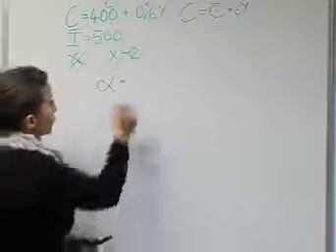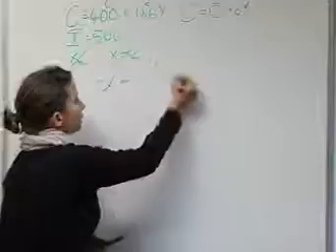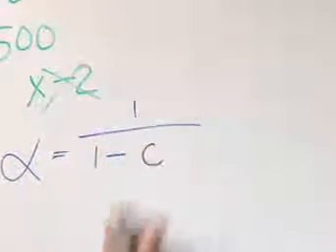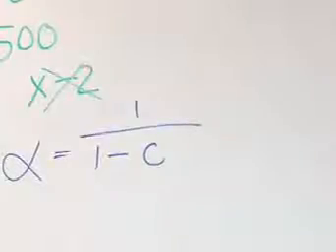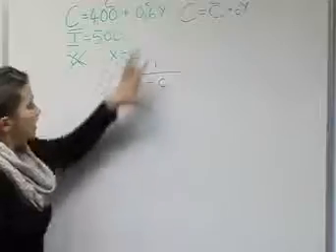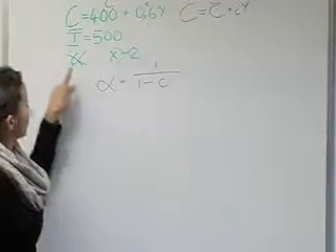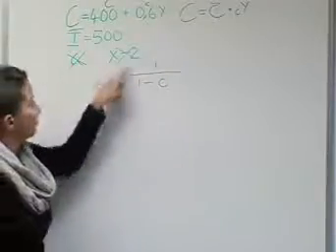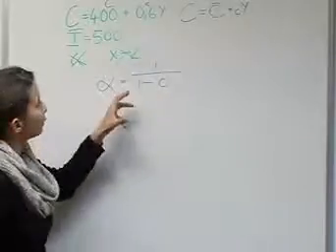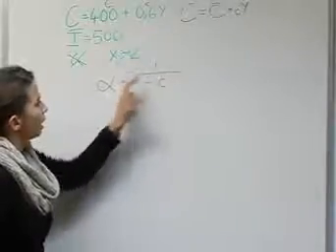The formula that we use is 1 over 1 minus C. Now, you might have seen a T and an M in this formula somewhere before, but it's not applicable here because T refers to the government and M refers to the foreign sector. So it's not in this formula. The only thing we're interested in is 1 over 1 minus C.